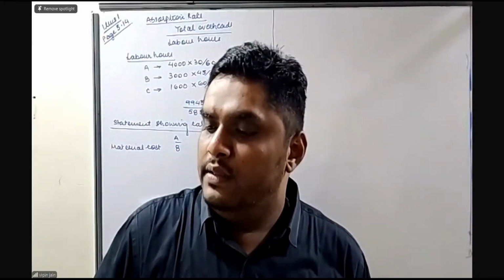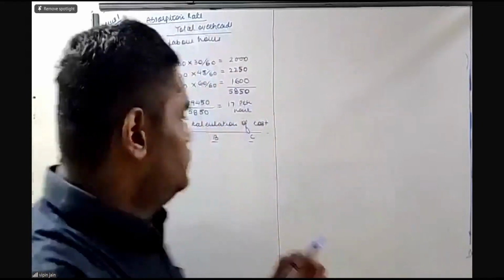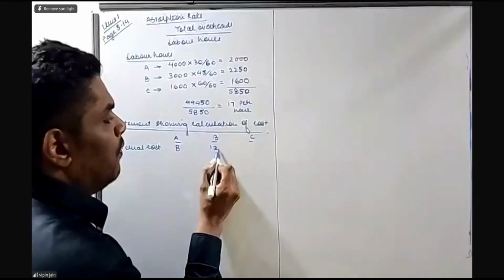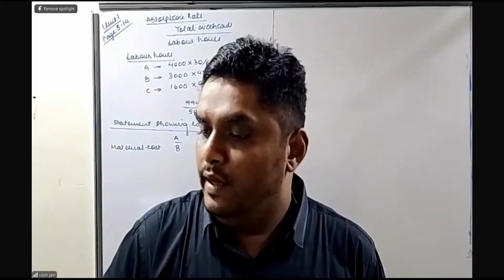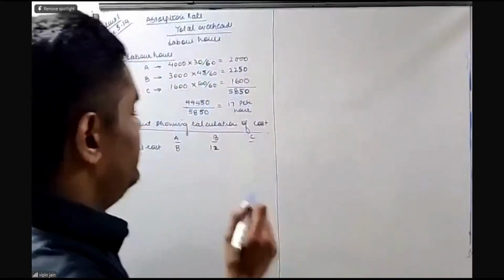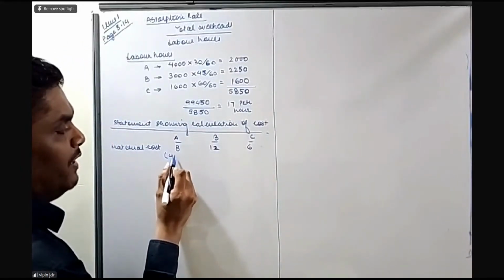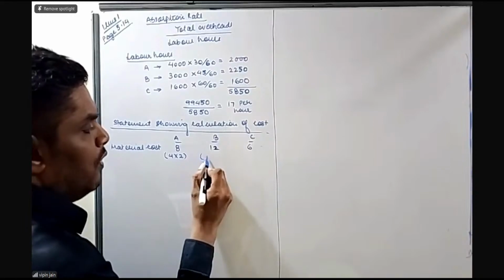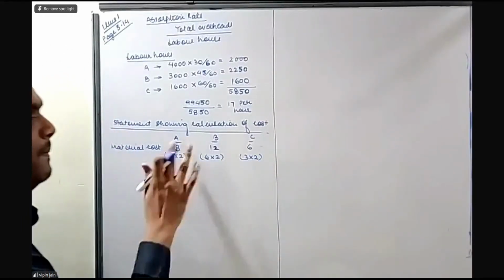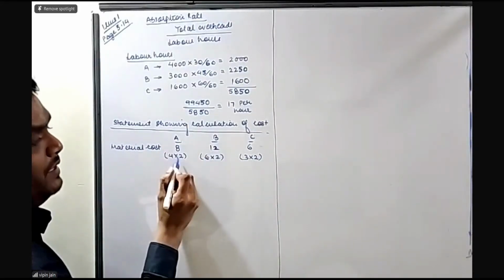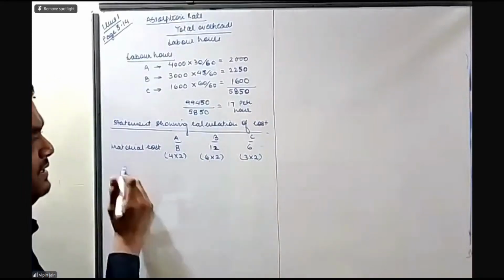Again for B, the cost is 2 per kg and the material consumed is 6 kgs. So 6 into 2, 12. For C, it is 3 kgs and the cost is 2 per kg. So it is 6. For your reference, 4 into 2, 6 into 2, and 3 into 2. This rate is given in the question, and these are the kgs: 4 kgs, 6 kgs, and 3 kgs.